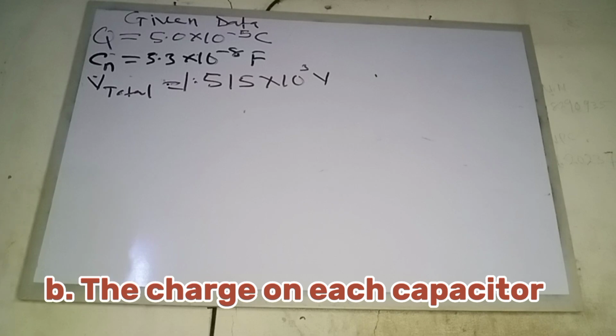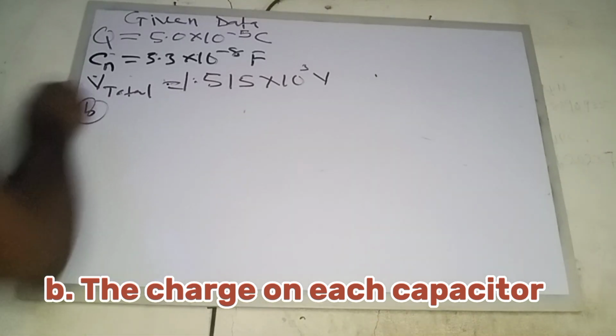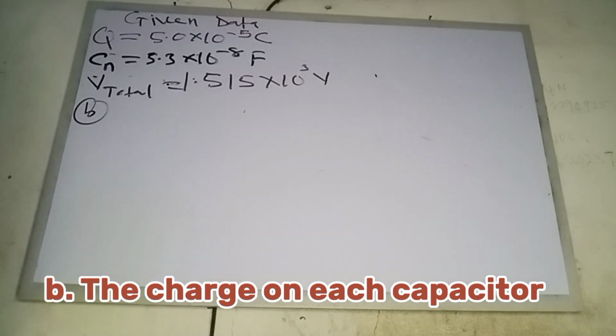Question number 2, the B part. They say determine the charge on each capacitor.